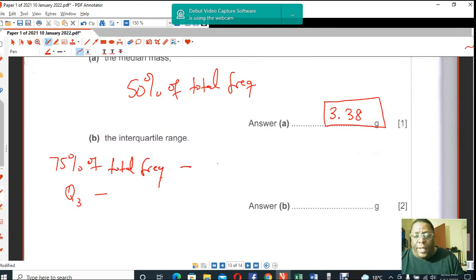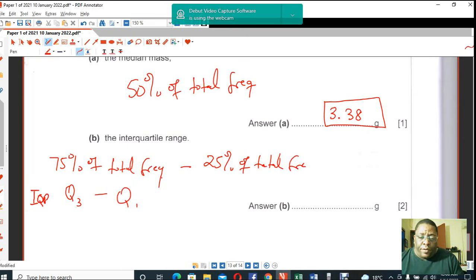I hope you know. Minus, I'm going to take then 25% of total frequency. So that's how you find your interquartile range.